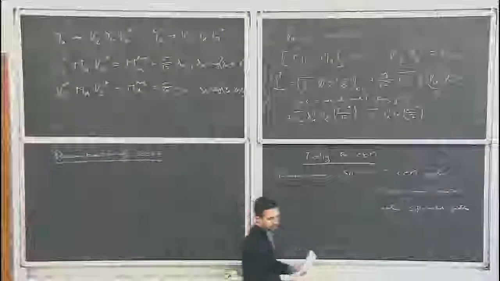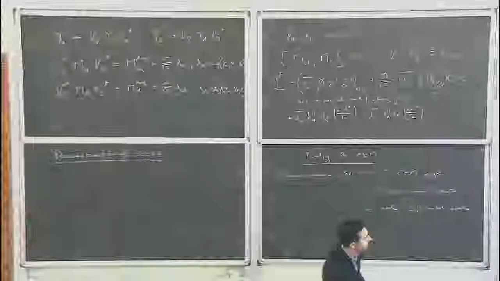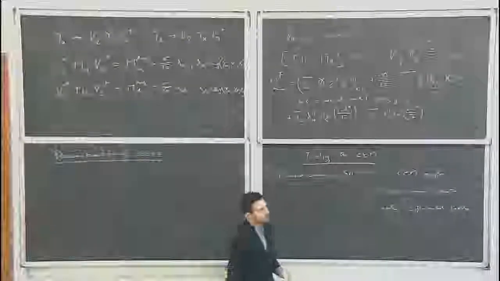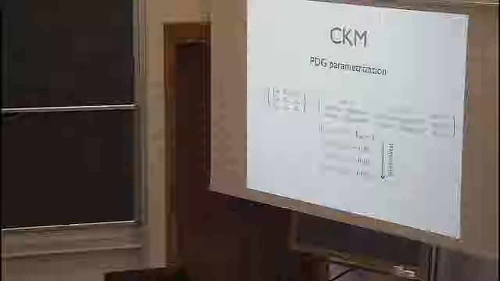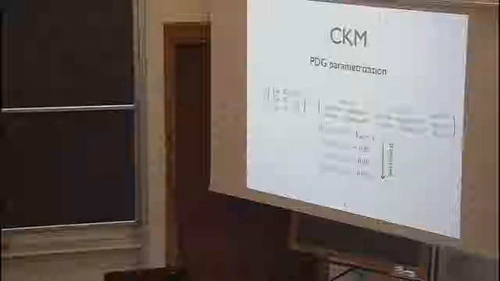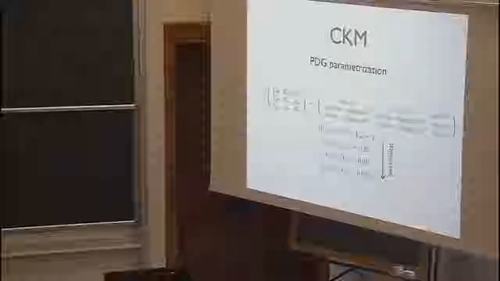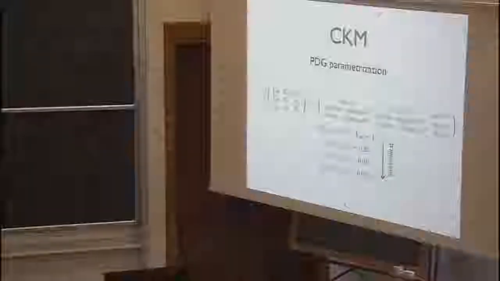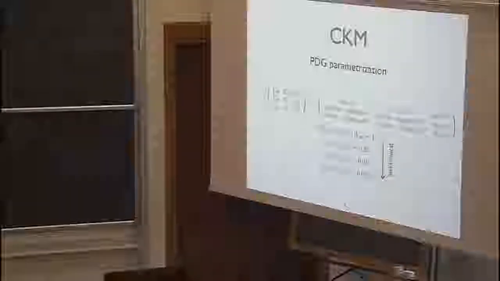A general way to parameterize a unitary matrix with 3 angles and a single phase is this way. Of course this is not a unique way, it's just one parameterization, which was in particular adopted by the PDG. But this parameterization, although it's manifestly in terms of 3 angles and a phase, does not really use the fact that the diagonal entries in the CKM are close to 1.